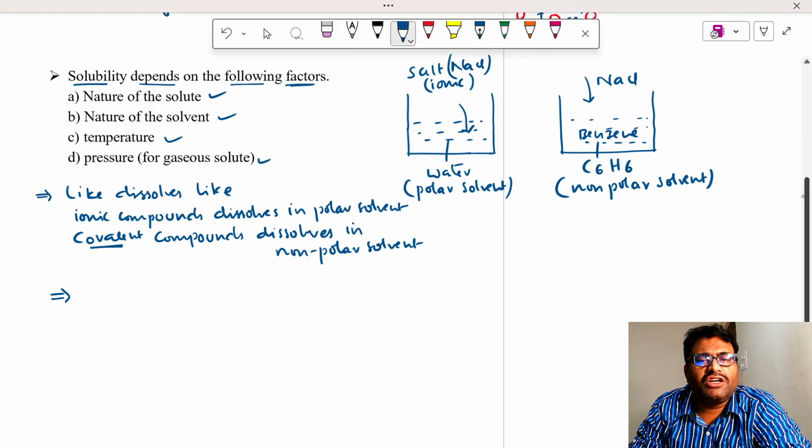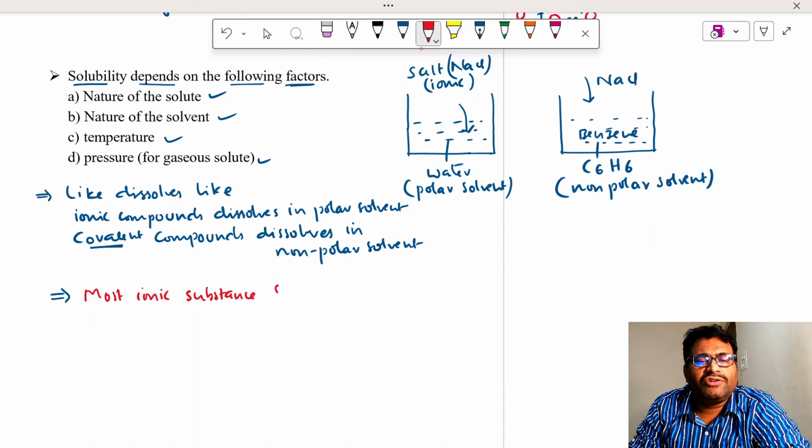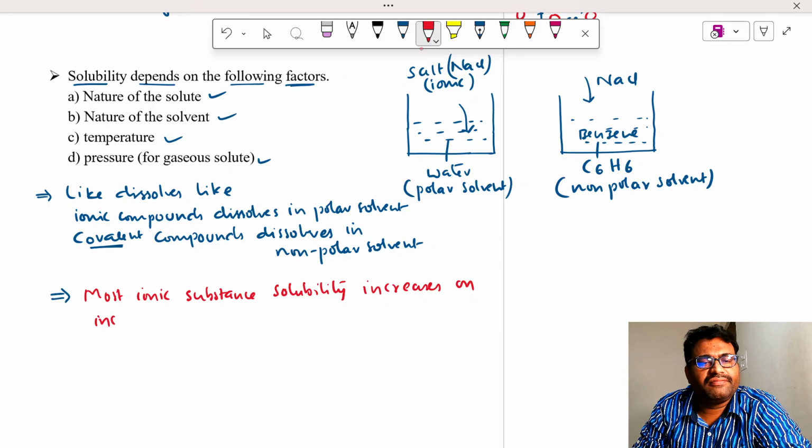So for most ionic substances, solubility increases on increasing water temperature.